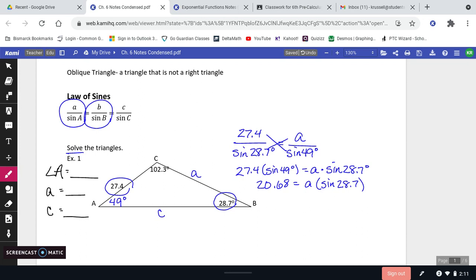So I did round it to 0.68. But I'm going to go ahead and let my calculator keep all of those digits and divide by the sine of 28.7. So here, my next step, divided by sine of 28.7 degrees.